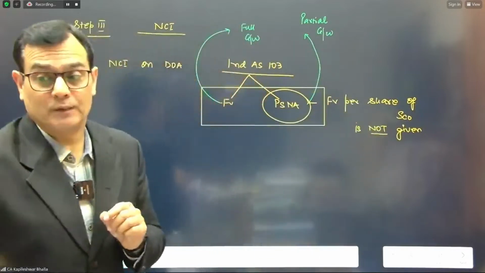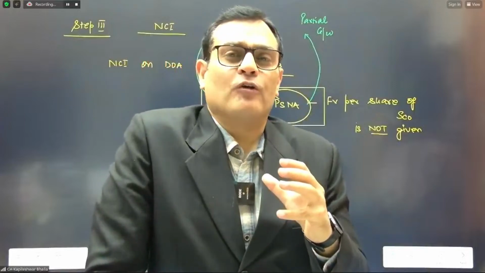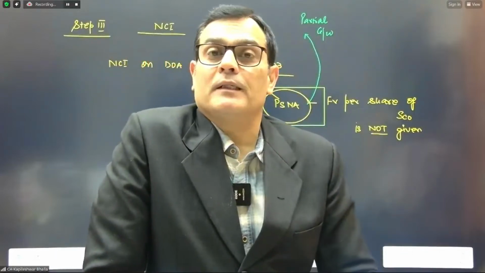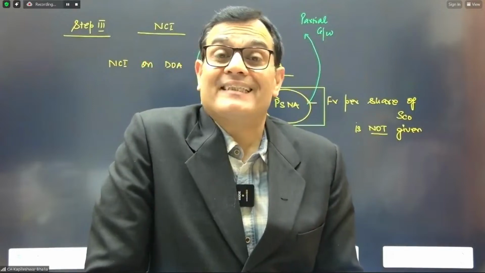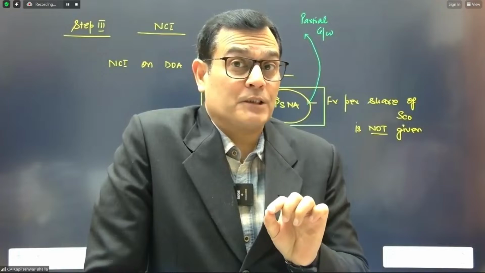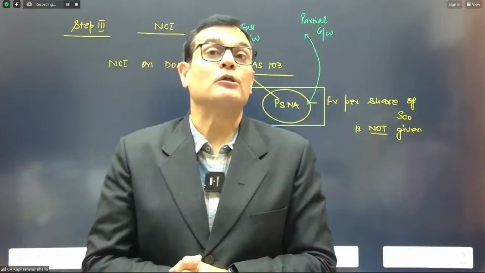You're going to see today in one of the questions I'll do. If you're going to get a full goodwill, and if there is impairment, if any, the goodwill impairment is borne by the NCI and the parent both. But if the goodwill is partial, the impairment, if any, is borne by the parent company only.